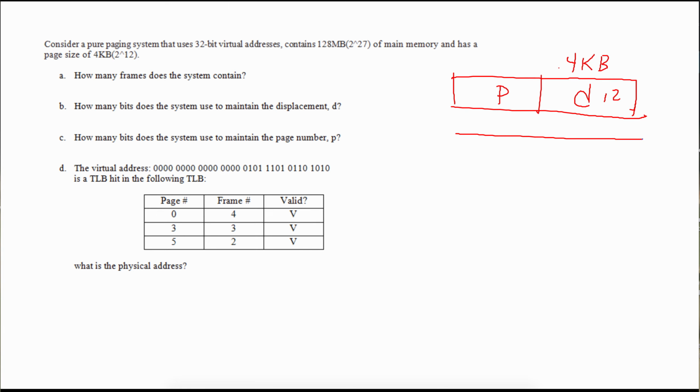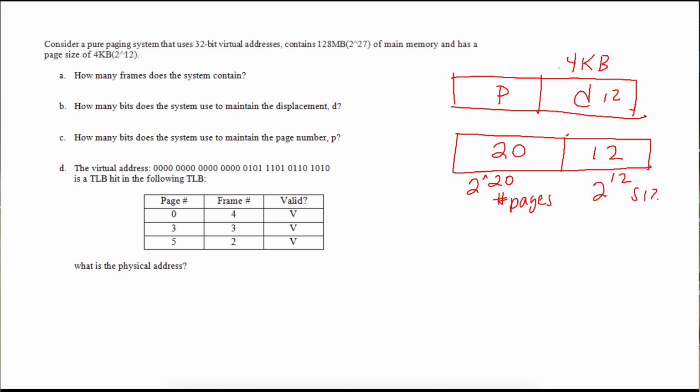So your virtual address is going to be split up with 12 bits for the offset, and if it's 32 bits, that leaves you 20 bits for the page. So that means you can have 2 to the 20 number of pages, all of size 2 to the 12.